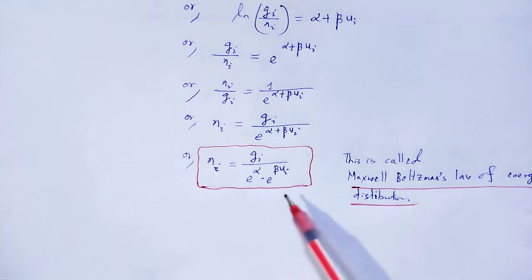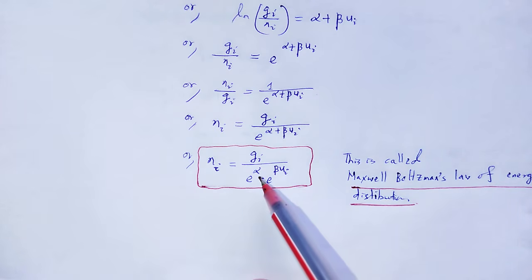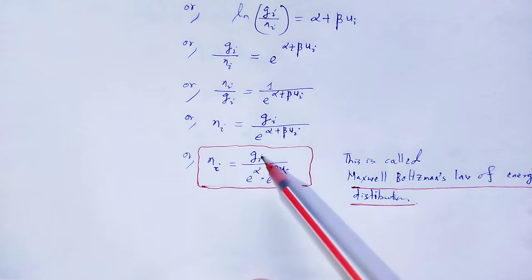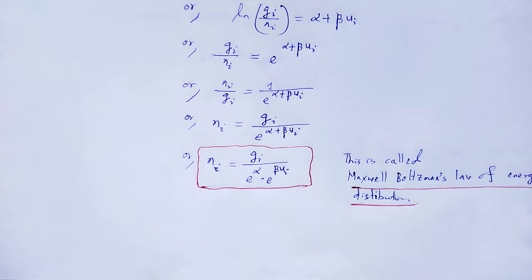That is the fundamental law. When we put the values of the constants alpha, beta and Gi, then we completely derive the expression for how the energies are distributed among the particles.